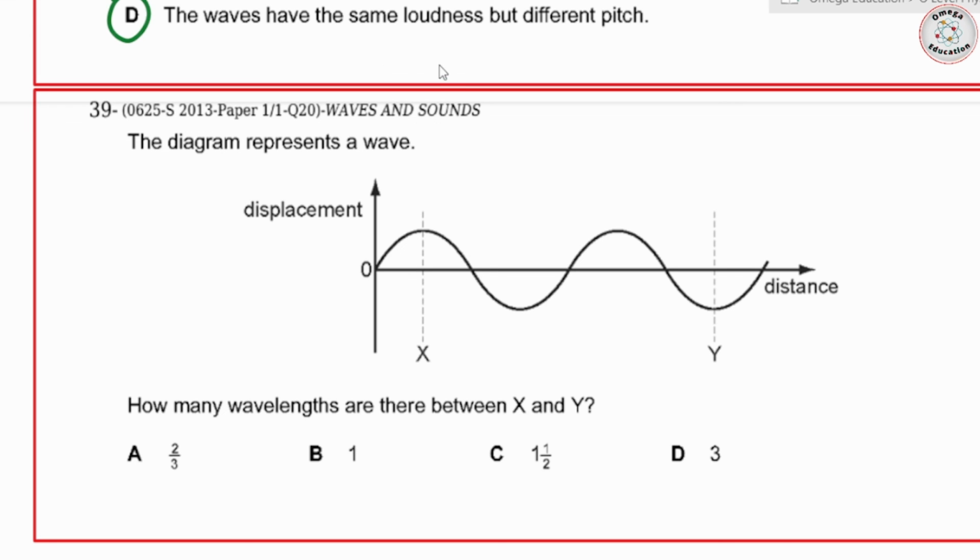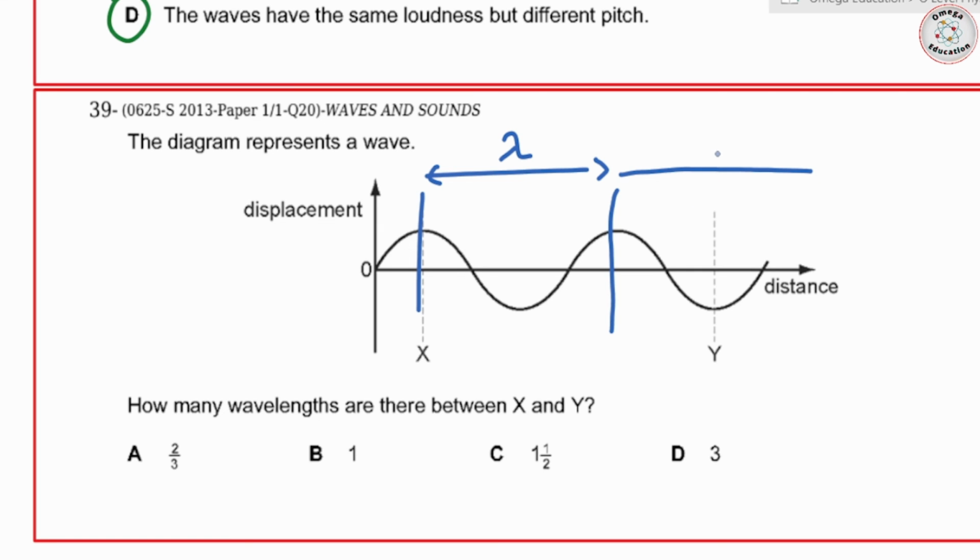So, point X is a line passing through the crest, and till the next consecutive crest, we get one wavelength. But if we stop at the trough, we'll get half the wavelength. So this one would be complete wavelength, and after that, we're not going for the full wave. We're not going for the next crest. Rather, we stopped at the trough.